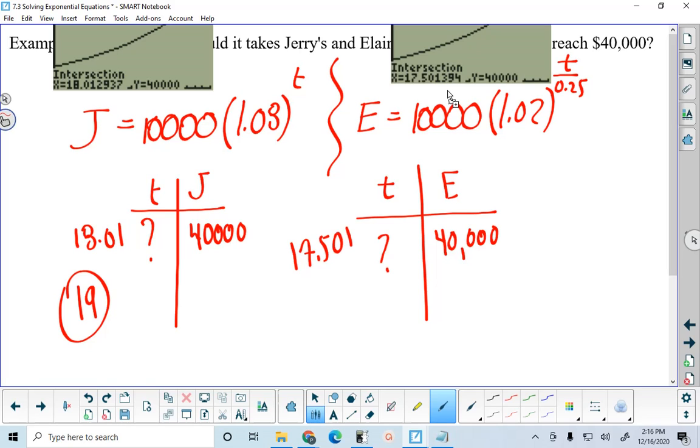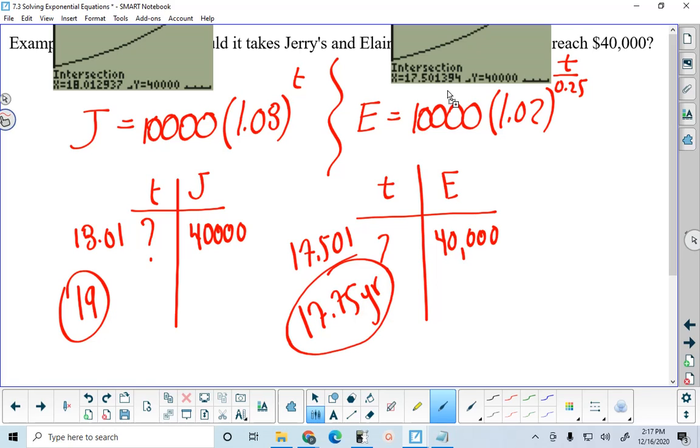Go ahead and type in the chat window what I should record as an answer. Yeah, it's 17.75 because Elaine gets interest every 0.25 of a year. So you always round up to the next period, to the end of the current period. So we have to round to 17.75 years.